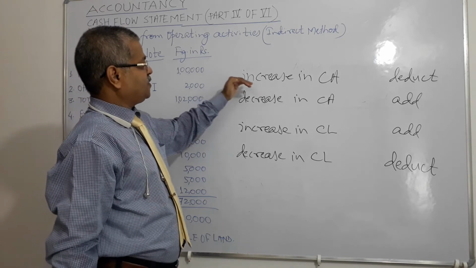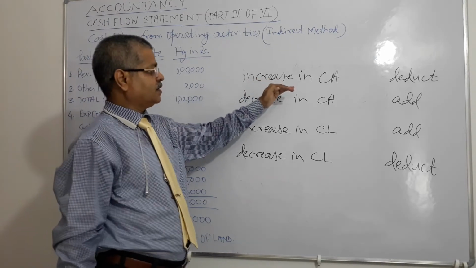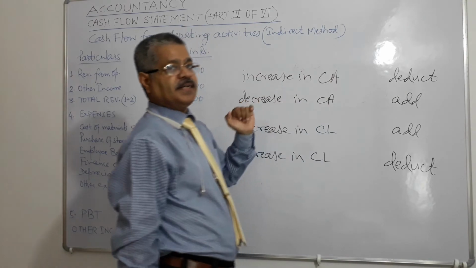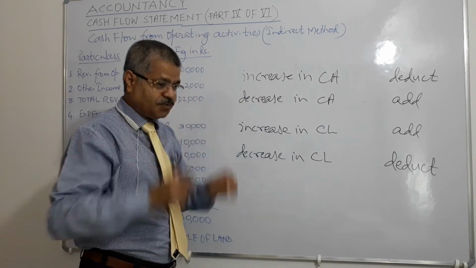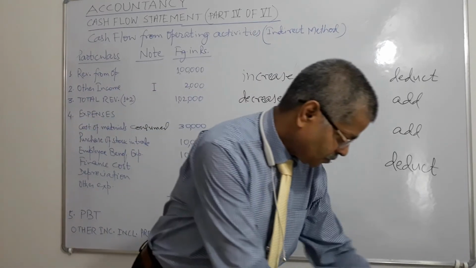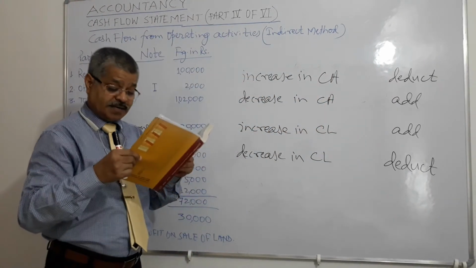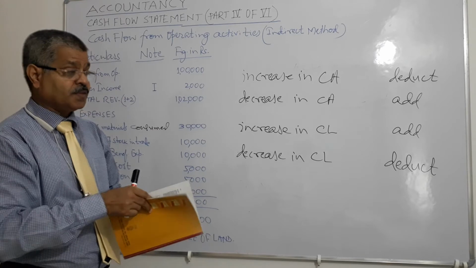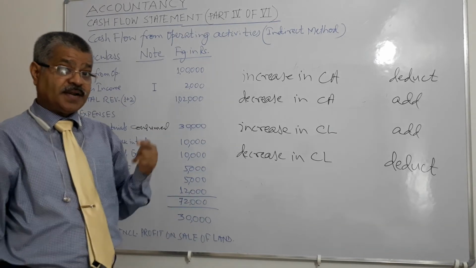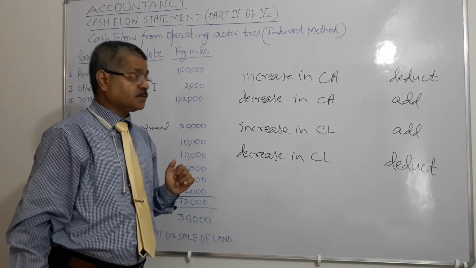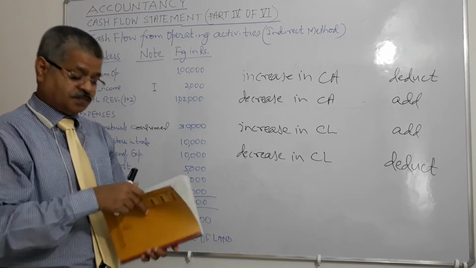So let us explain it. If there is an increase in current asset, we need to deduct it. Why do we need to deduct it? See, it's very simple. If the balance of a current asset increases, cash flow from operating activity decreases, right?